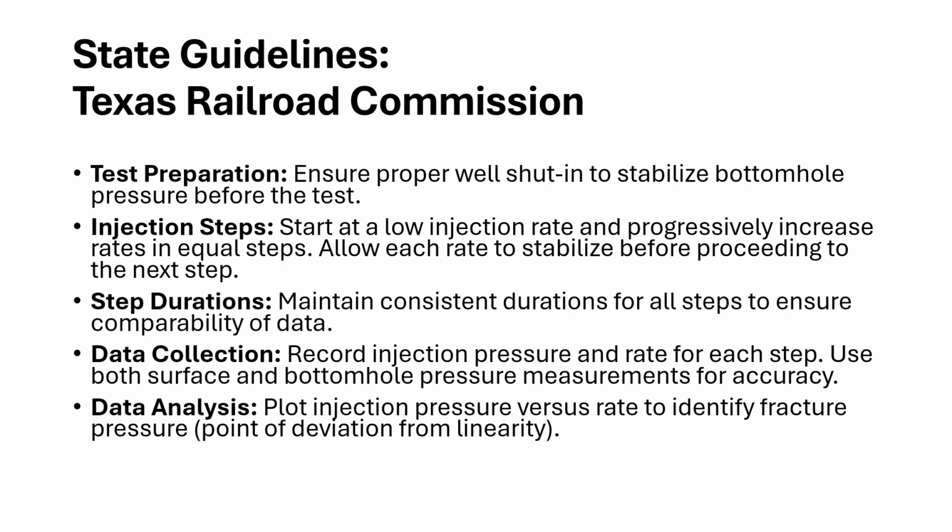It's to ensure that the bottom hole pressure is stabilized. And again, they note that you start at a low injection rate and progressively increase it in each step, allowing each rate to stabilize before proceeding to the next step. And they recommend that you maintain consistent duration, and that you record injection pressure and rate for each step.